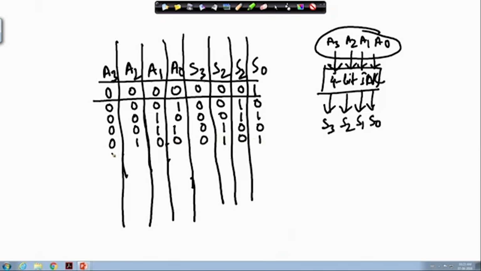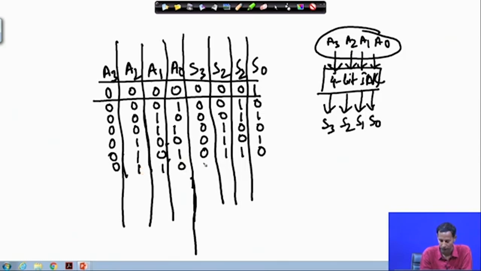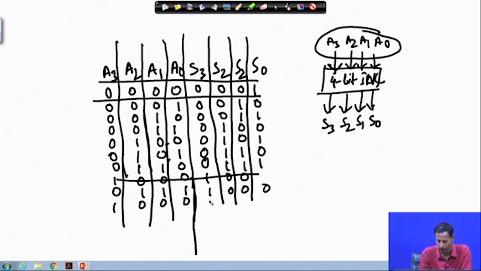So it is just an increment by 1, right. In this fashion I have to fill the total table. Then for 6 it will be 7, for 7 it will be 8, for 8 it will be 9, something like this.